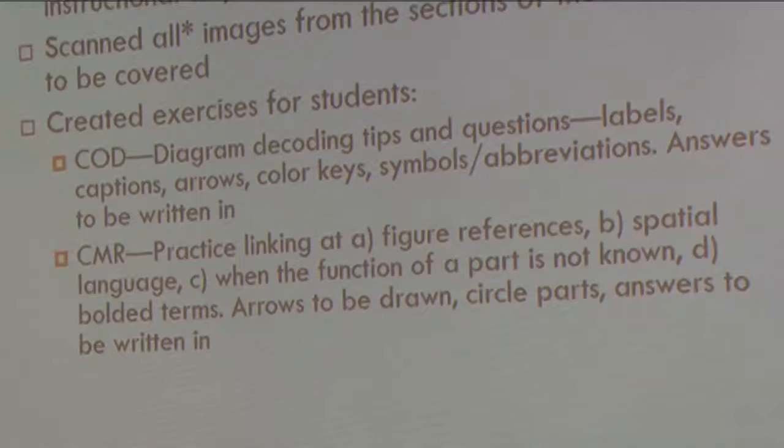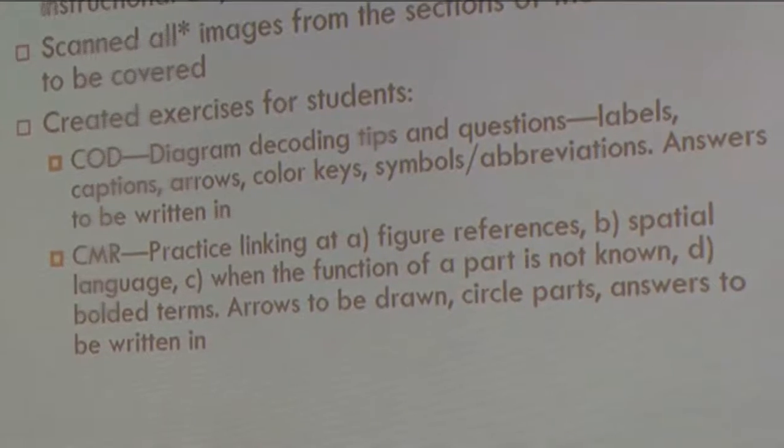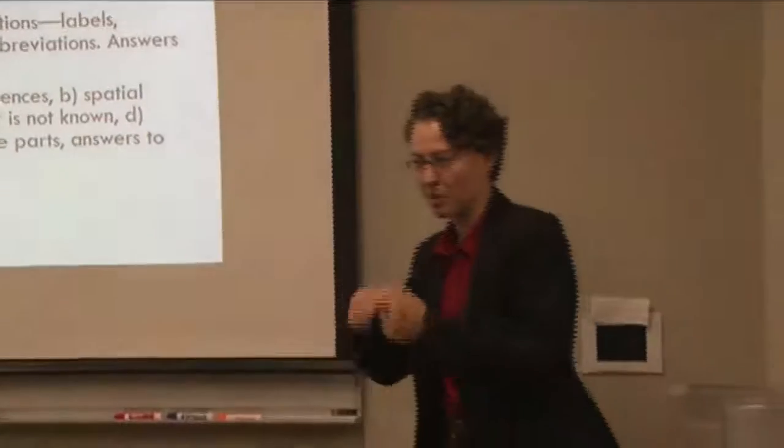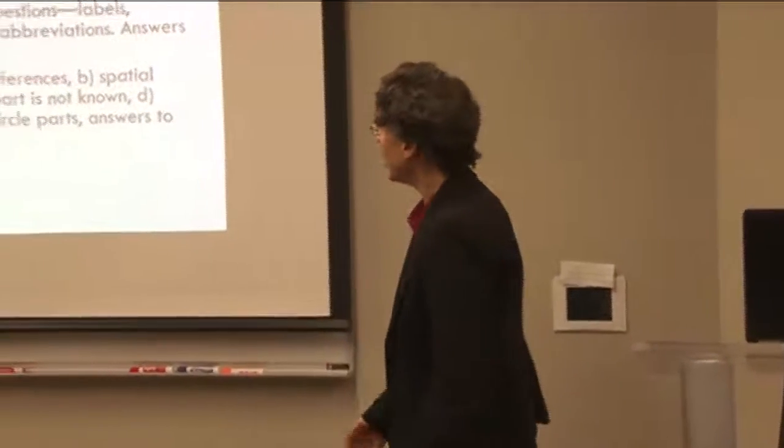So we said, tip: look at the arrows and try to figure out whether they're showing change over time or one thing influencing another thing, et cetera. And then we would give them a scanned image from their own textbook that had something like an arrow in it, and we would say, explain what this arrow is doing.